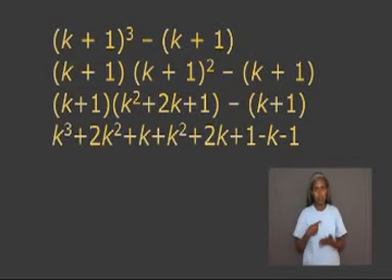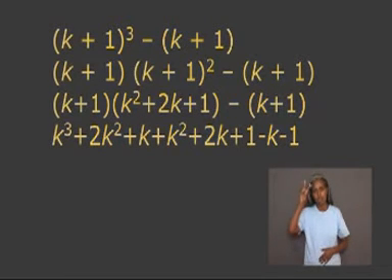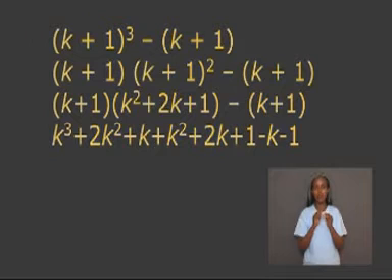We then expand everything, giving us k cubed plus 2k squared plus k squared plus 2k plus 1 minus k minus 1.